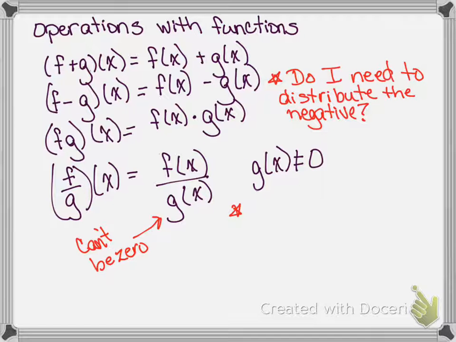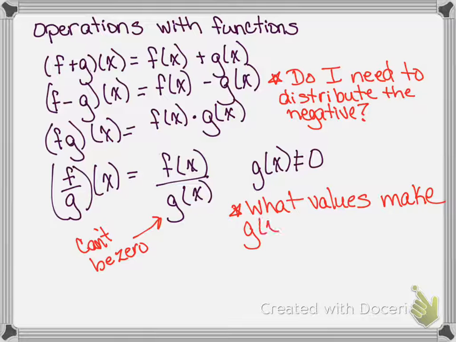So whenever you divide by g of x, you've got to figure out what values make g of x 0, and you've got to exclude those. You've got to say x can't be this number. So this is kind of the rules section right here.